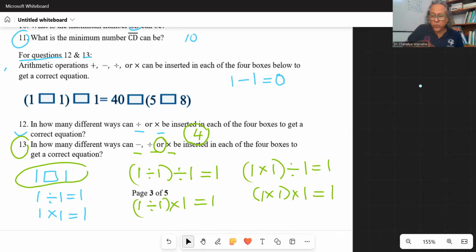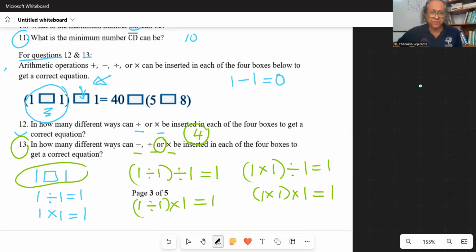Okay, right. Now, what happens if you put here, it doesn't matter if it is division or multiplication, we still get 1, right? If you don't want to put a minus there. But if you put a minus here, you get 0, right? So if you're going to use minus here, that means you're going to get a 0.